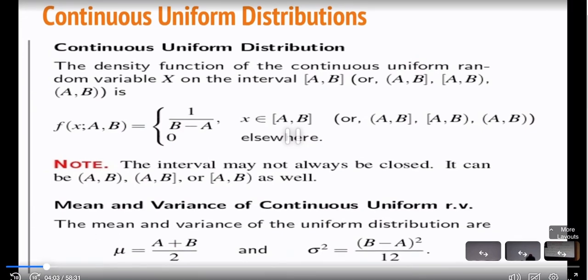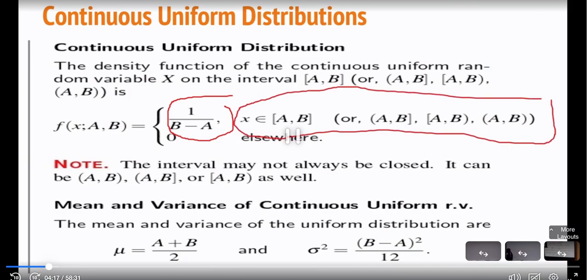This is the probability distribution for the continuous uniform. We take values within the interval A and B. It doesn't really matter whether it is closed at both ends, open at one end and closed at the other, or both open. It's all the same.